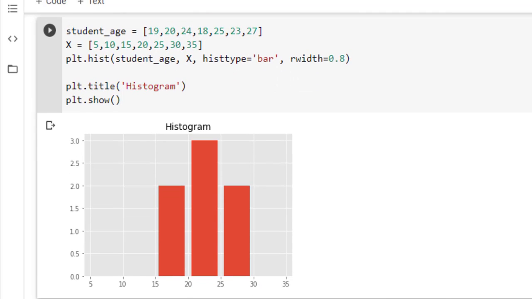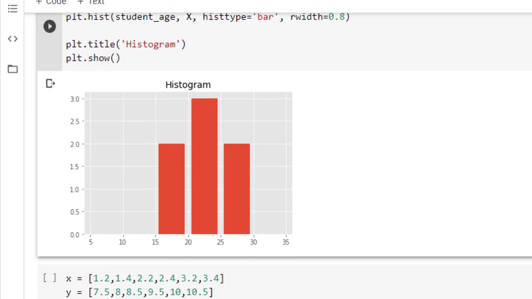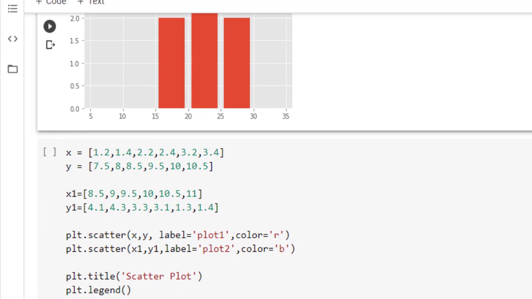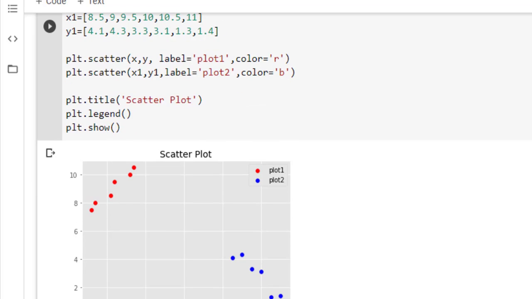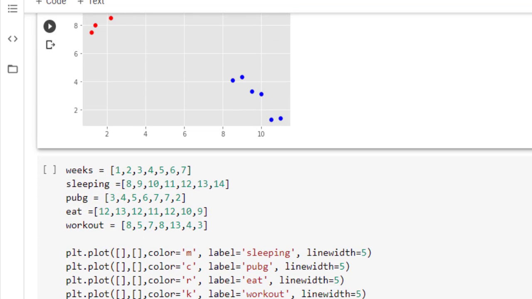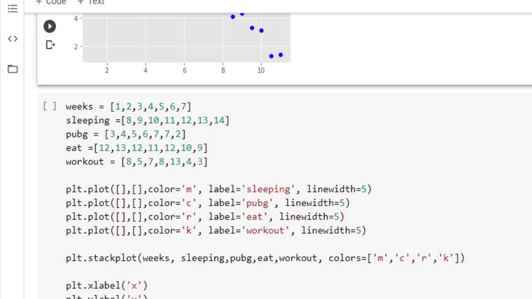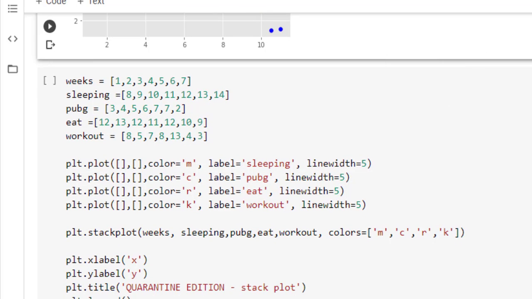When you plot this graph with the above data and contents, you get this type of graph. Next example we take is we have two coordinates x, y, and x1, y1 having different data, and when we plot this graph as a scatter plot, you can see we get plot 1 as this and plot 2 as this. So we can visualize different things or different data using this type of plot or technique.